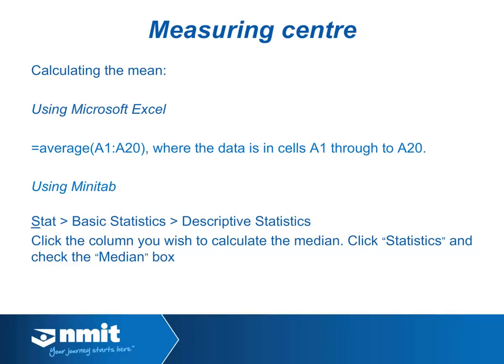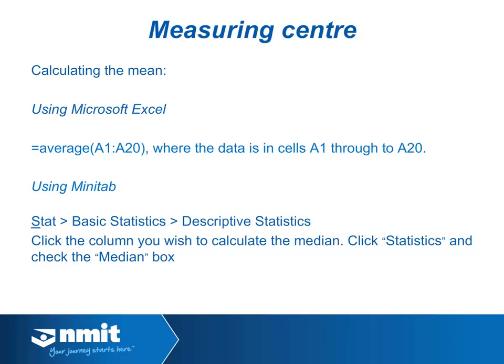The average says, alright, I want you to do an average for me and average anything which comes in brackets after that word. So any data points you put in those brackets will be averaged, or you'll get the mean of. Here I've got A1 colon A20, which means it will average every data point between A1 and A20 in the first column.